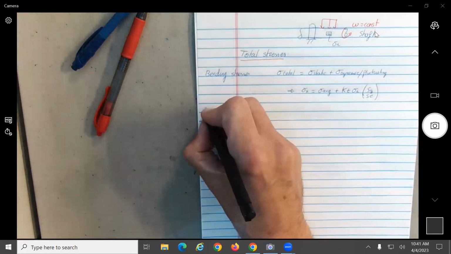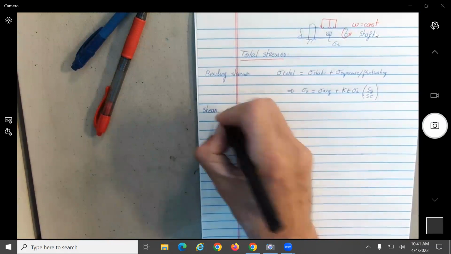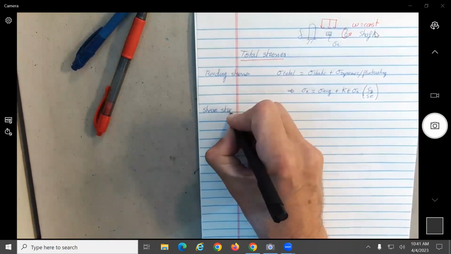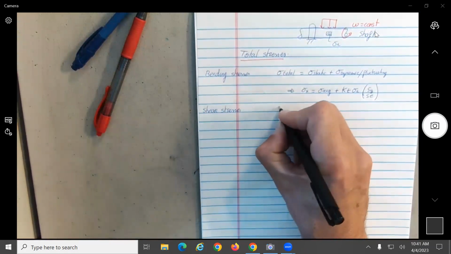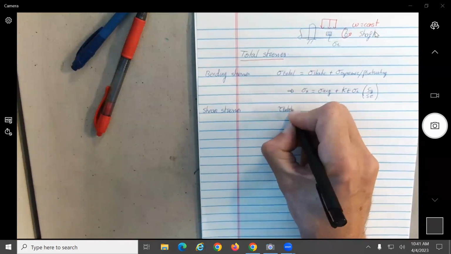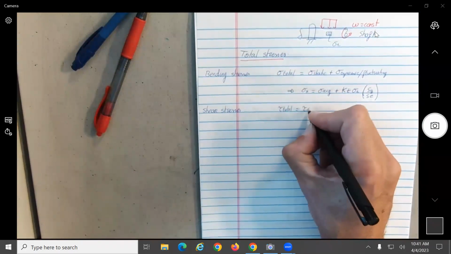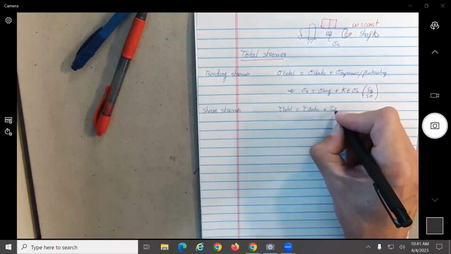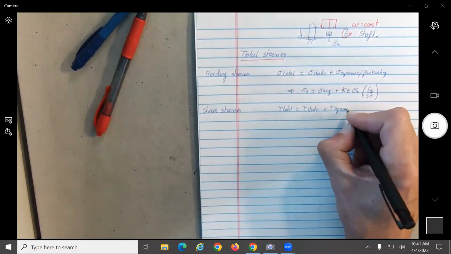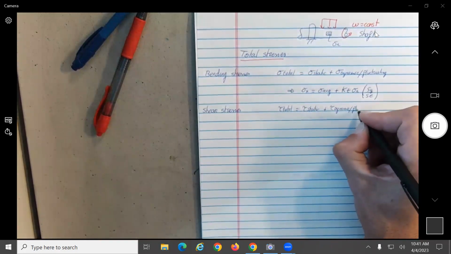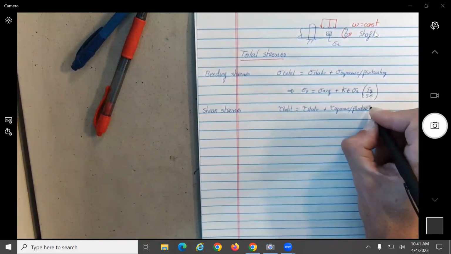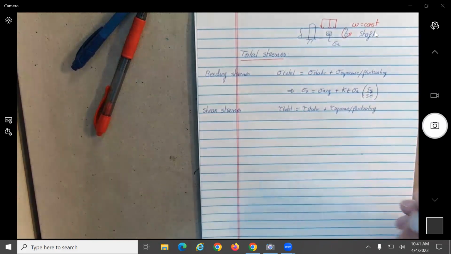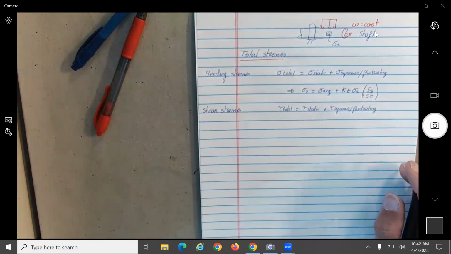So obviously we're going to have the same thing for the shear stresses. Total shear stress: we have a static component plus a dynamic or fluctuating component.